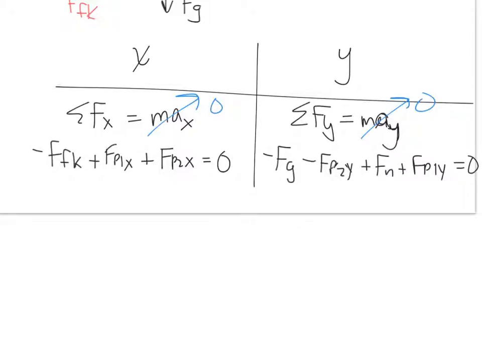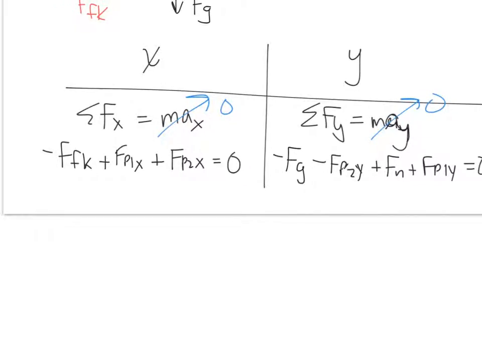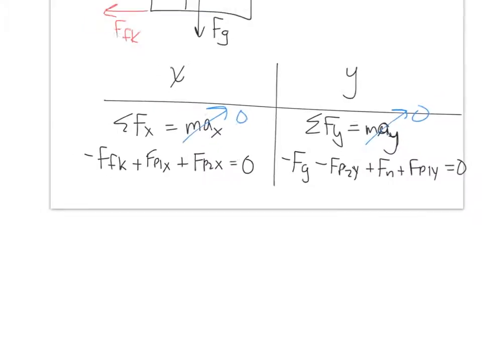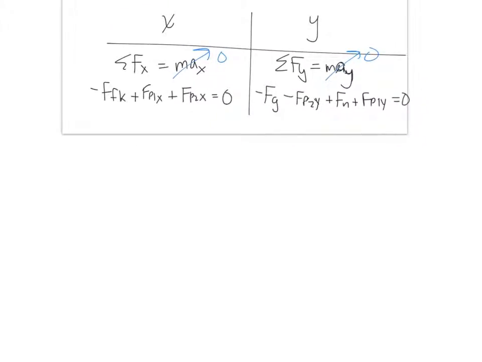Look at the x direction, please. In the x direction, friction is mu Fn always. So I replace this right here. I'm going to zoom out a little bit because it's going to be tough to see this in a minute. In the x direction, the friction is negative mu k Fn. That goes in for friction. Plus Fp1x is really Fp1 cosine theta 1.